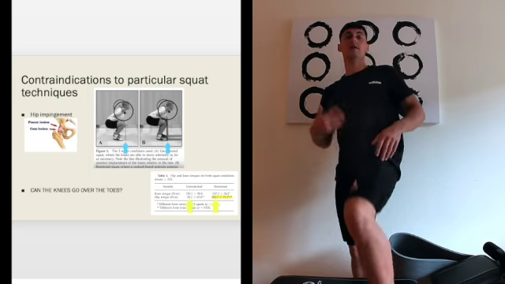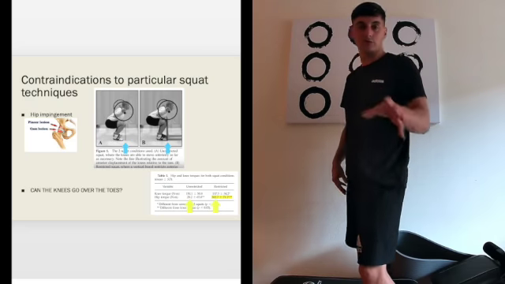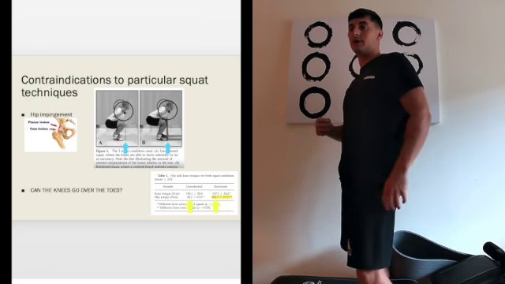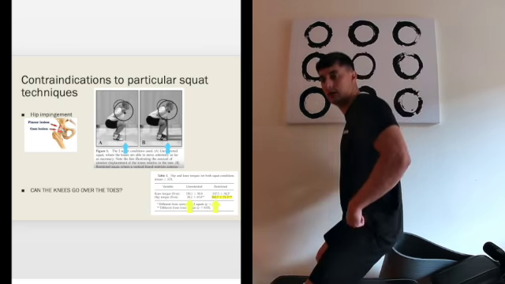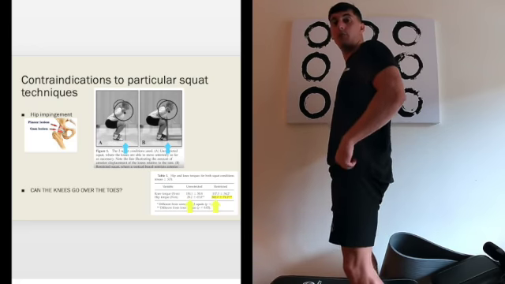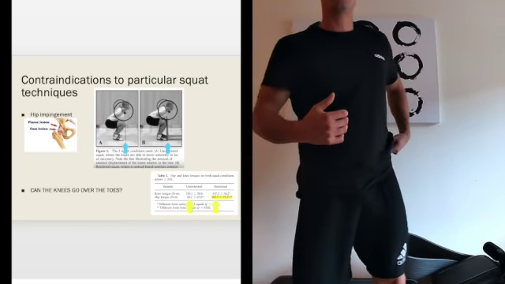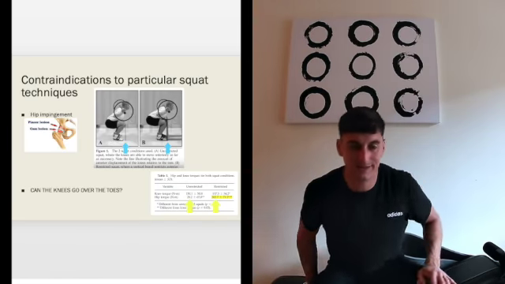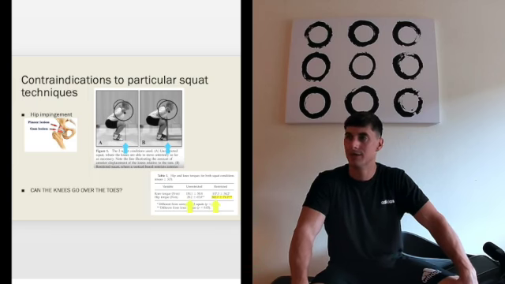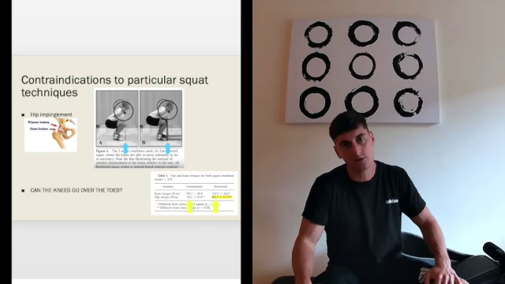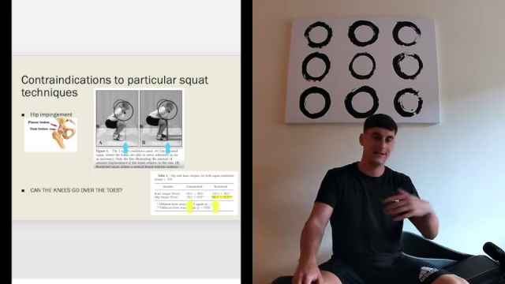Then they compared that to someone they cued up with knees tracking over their toes. All of a sudden, all the movement was being done with their quads, and there was a lot more tension, a lot more stress in the anterior part of the knee. And they said, there you go, squatting knees over toes is bad for your knees.